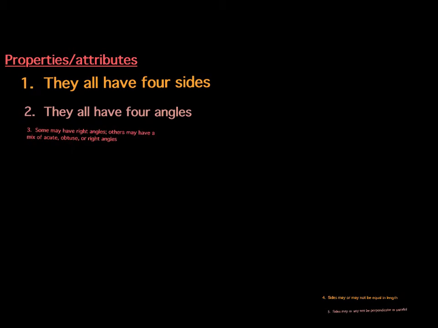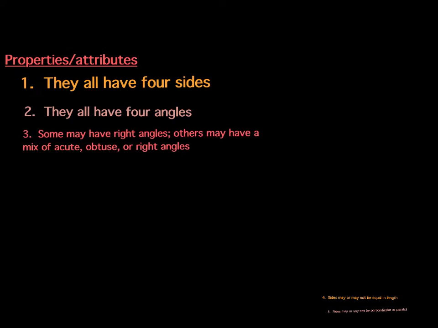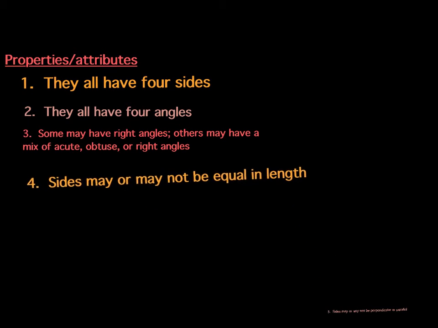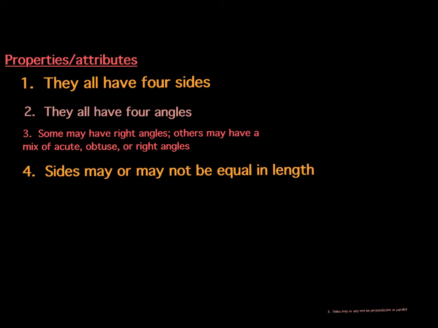Our third attribute or property is some of them may have right angles, others may have a mix of acute, obtuse, or right angles. Number 4, sides may or may not be equal in length.